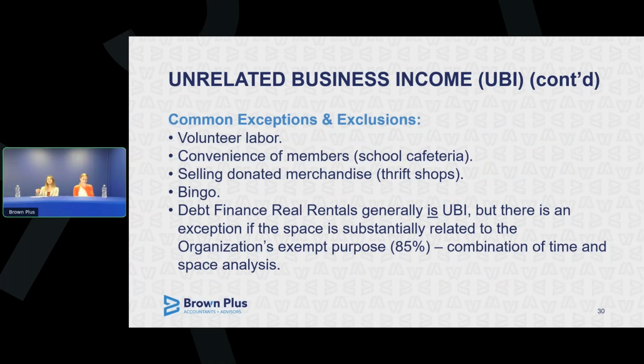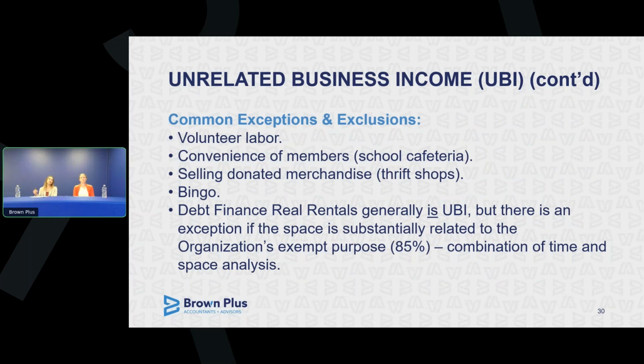Generally, if that is mortgaged or there is a loan on the property that you're renting out, that normally would be considered UBI, but there is a special exception: if the space is substantially related to the organization's exempt purpose, and that threshold is set at 85%, then you would not be subject to it.